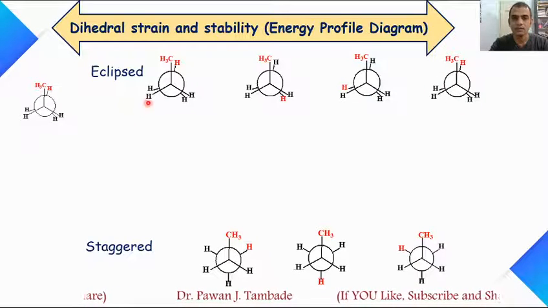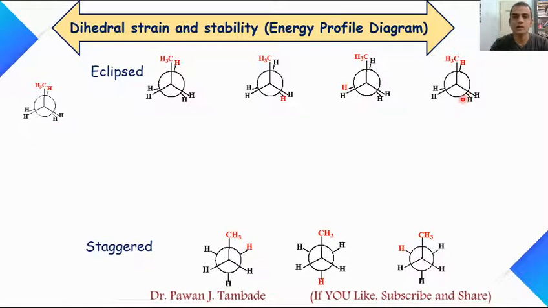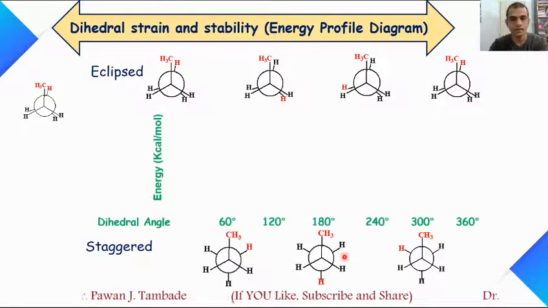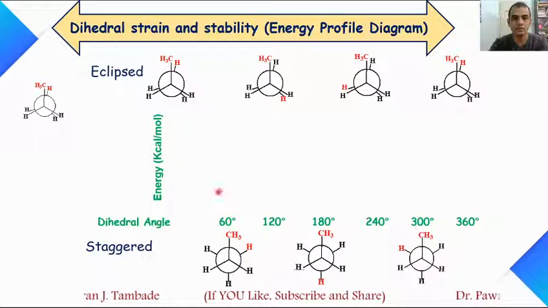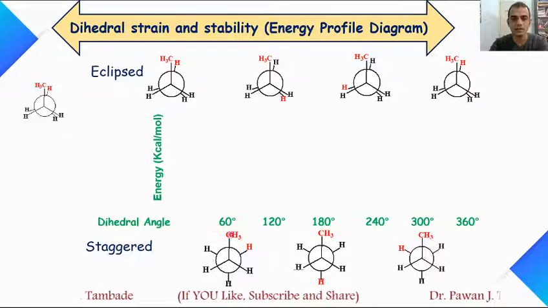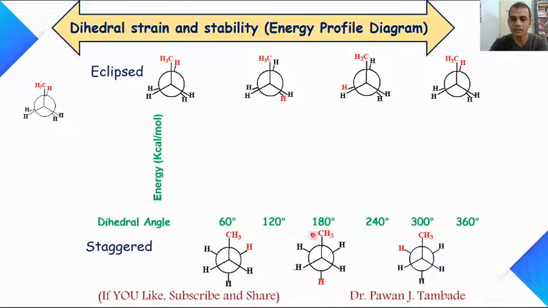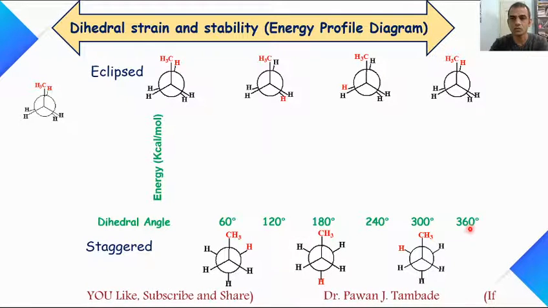So if you look at these structures, these are eclipse conformations of propane, and these are staggered conformations of propane. And these are the dihedral angles which we saw in the earlier slide as well. Here the dihedral angle is 60 degree. In this case, the dihedral angle is 120. Here it is 180, and so on.